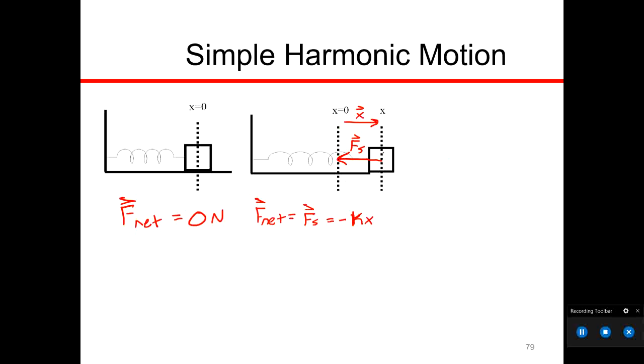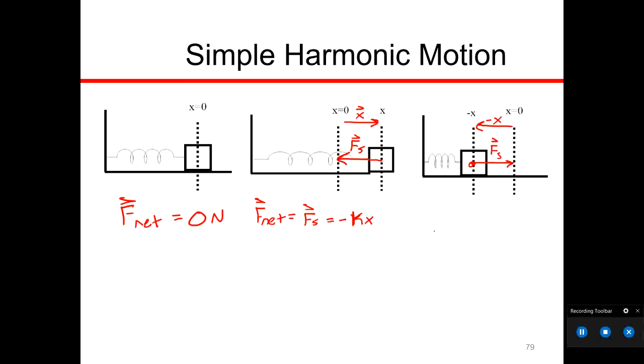Once it comes back to the 0 line, it's going to keep going because it's going to have some momentum at this point. Its inertia is going to keep it going past the 0 line to the left. Now the object has moved some distance, negative x, to the left, and this spring force is going to try to push it back to the right.